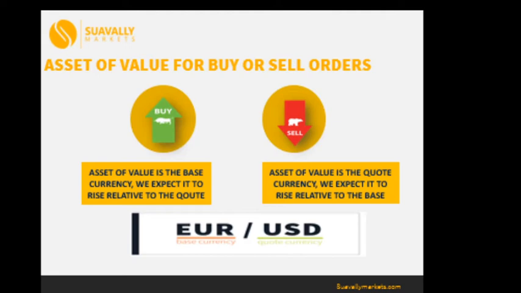So it's exactly the opposite of when we buy. When we sell, our asset of value is the quote currency, which we expect to rise relative to the base currency. So buy and sell orders are actually opposite orders. When you buy, you're anticipating the rise of the base currency relative to the quote currency. And when you sell, you're anticipating the rise of the quote currency relative to the base currency.